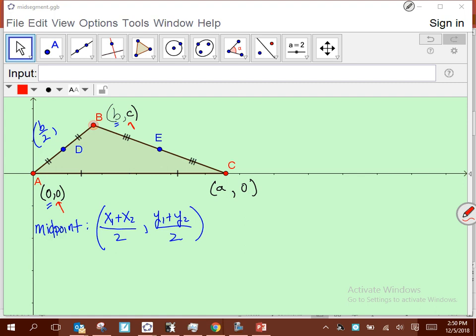So it's c plus 0, c, and then we'll divide by 2. So what that will do for me is that will always give me the location or the coordinates of D when I specify what I want lowercase b and lowercase c to be. Does that make sense? It's kind of a shortcut way of getting that ordered pair without having to go directly through the midpoint formula.